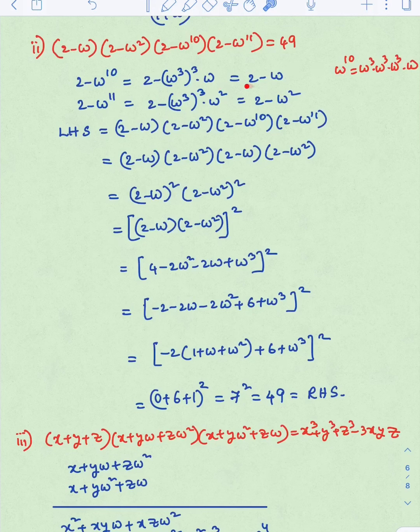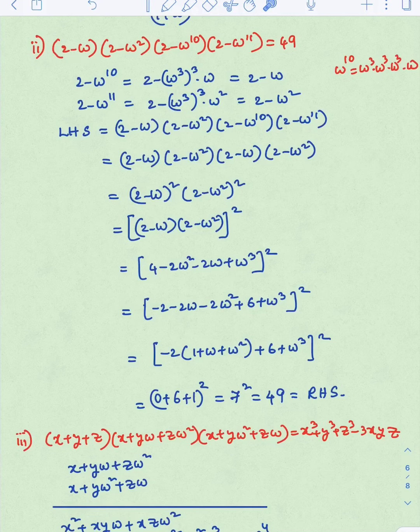So, it will become 1 cube is 1. 2 minus omega remains. Here, 2 minus omega power 11 also can be written as omega cube whole cube into omega square. So, this will become 1. 2 minus omega square. There is 2 minus omega.